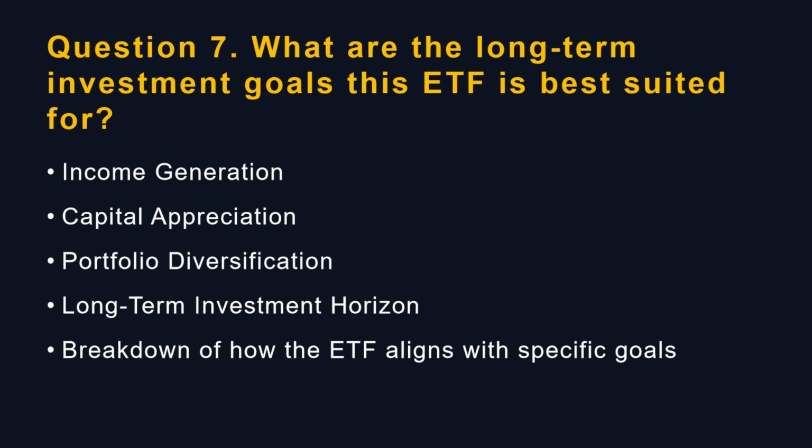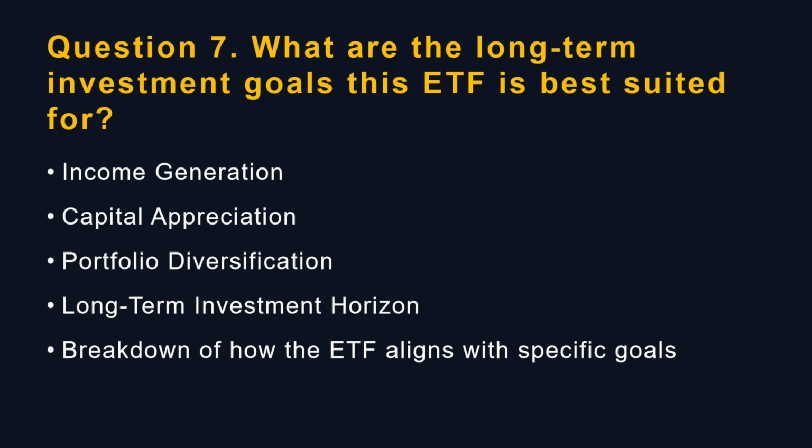Portfolio diversification. The ETF provides exposure to a diversified pool of global bonds, helping mitigate concentration risk associated with holding individual bonds. This diversification can contribute to a smoother overall portfolio return, especially during periods of market volatility. Long-term investment horizon.